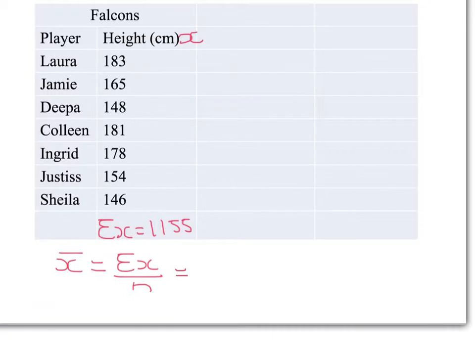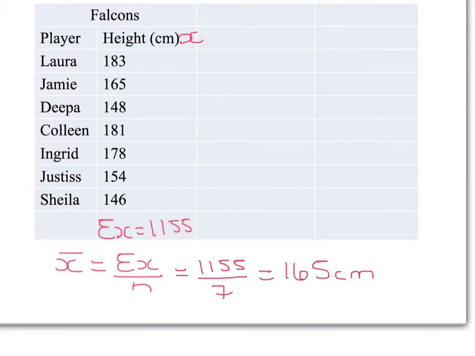So we would have 1,155, and we divide that by 7. We get that the average height would be 165 centimeters tall. So this measure here is a measure for the center of the data.